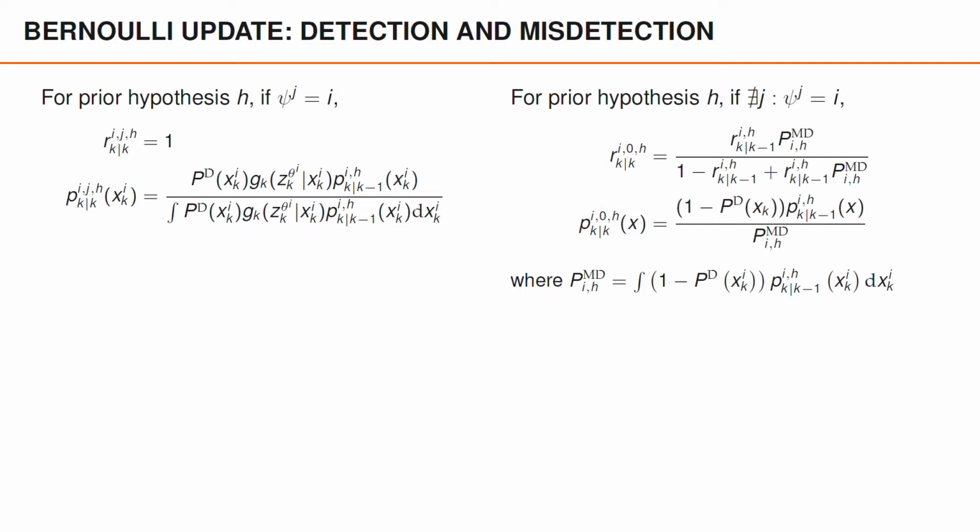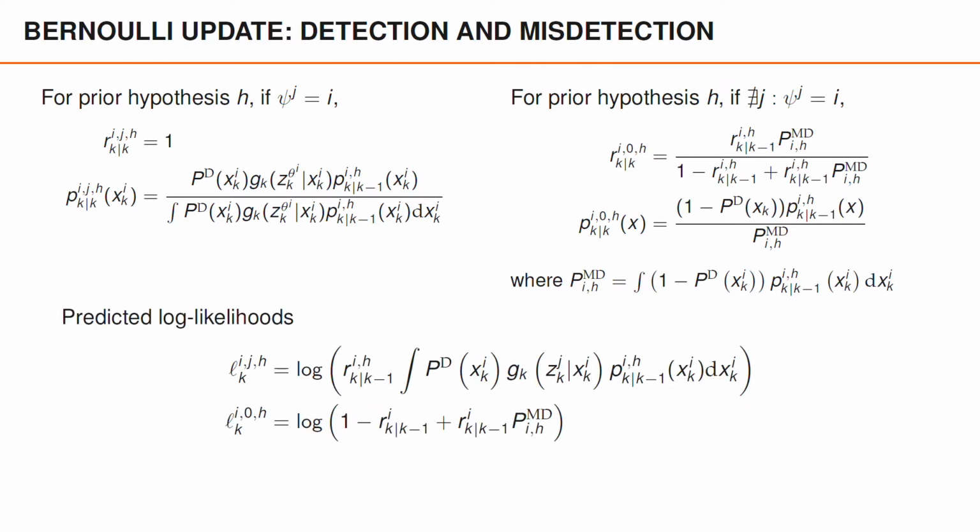And again, this is the same as we had in the multi-Bernoulli mixture filter for a Bernoulli that is associated to a misdetection. And lastly, we have the predicted log likelihood, which we need to compute the log weights of the posterior multi-Bernoullis. And again, these are the same as we had in the multi-Bernoulli mixture filter. So we can note the similarity to the Bernoulli update in the multi-Bernoulli mixture filter.